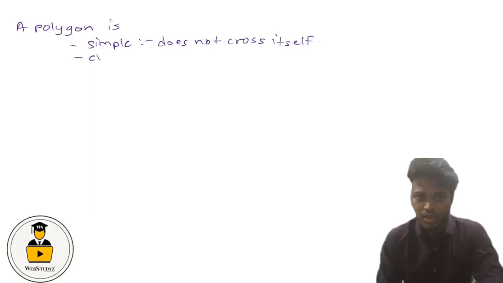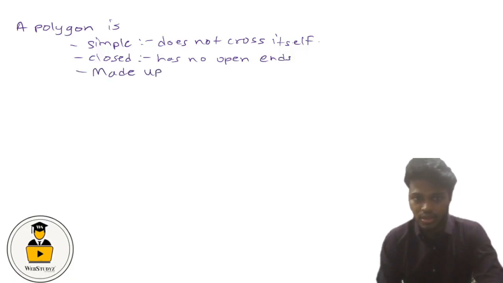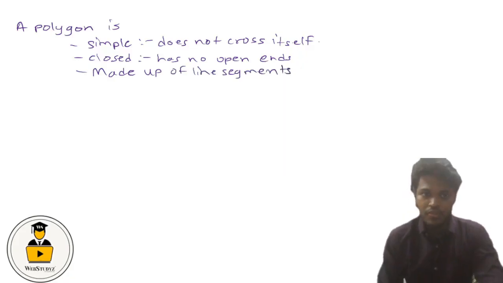Second, it should be closed, that is, it has no open ends. So the figure should not have any open ends. And the third condition is that it should be made up of line segments. If any figure follows all these three conditions, then we can say that this figure is a polygon.